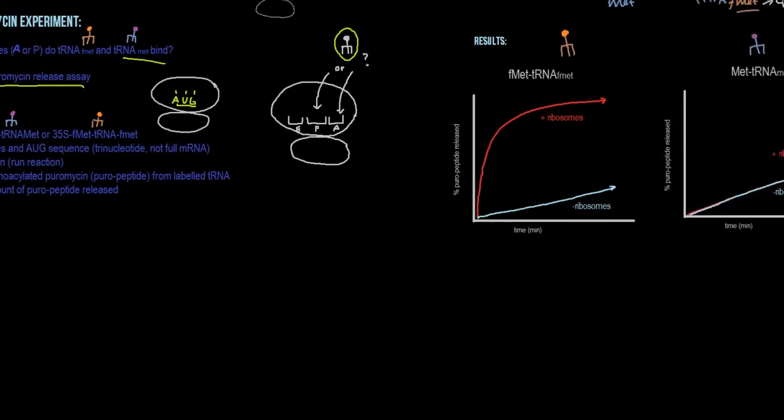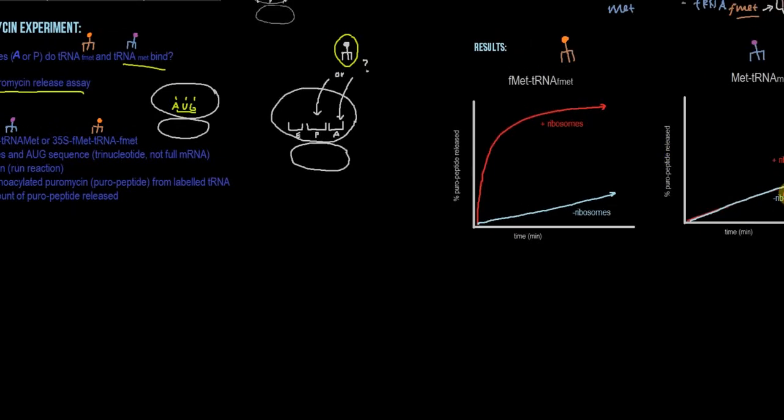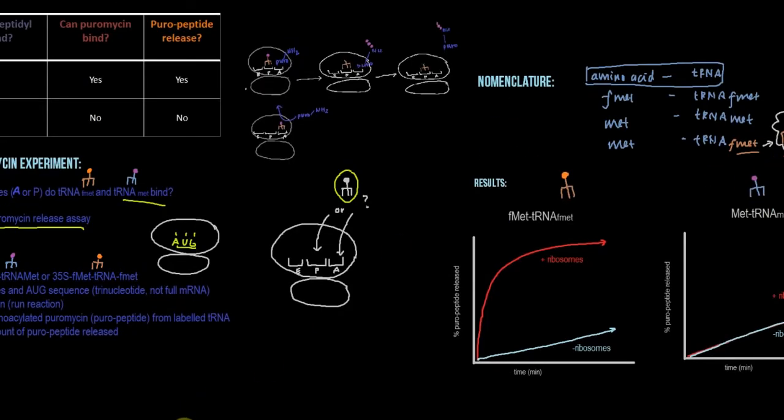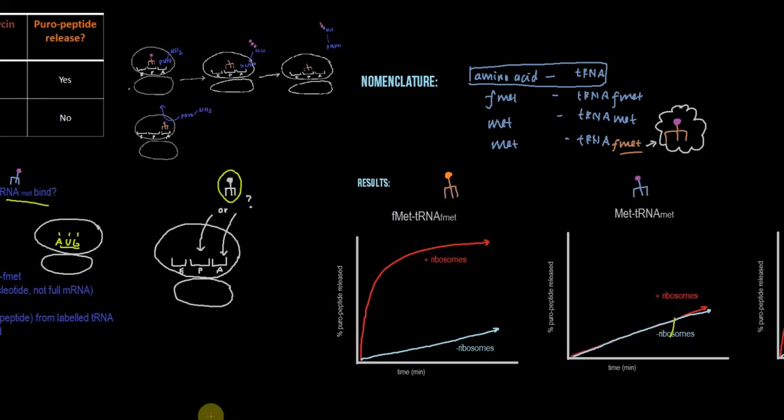Before I move on and talk a little bit more about the details of this experiment, I want to go over some quick nomenclature, because this is something that I just fundamentally didn't understand throughout this class, and it's very important. The way that we write aminoacylated tRNAs is we'll write the amino acid first, and then we'll write the tRNA. So fMet-tRNAfmet means that a fMet-tRNA, which is a special tRNA, has fMet on it.